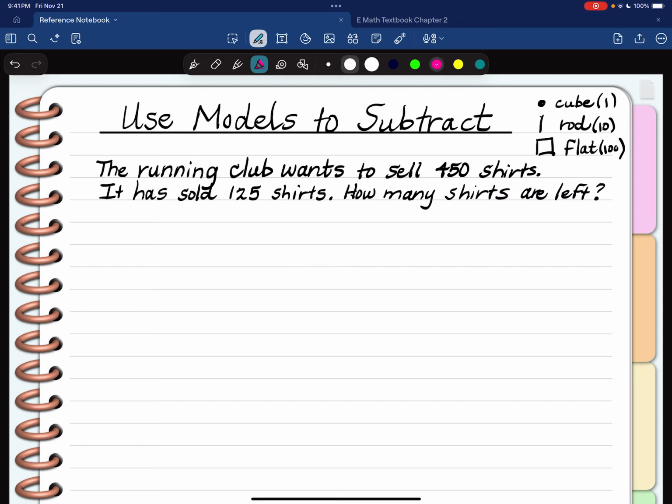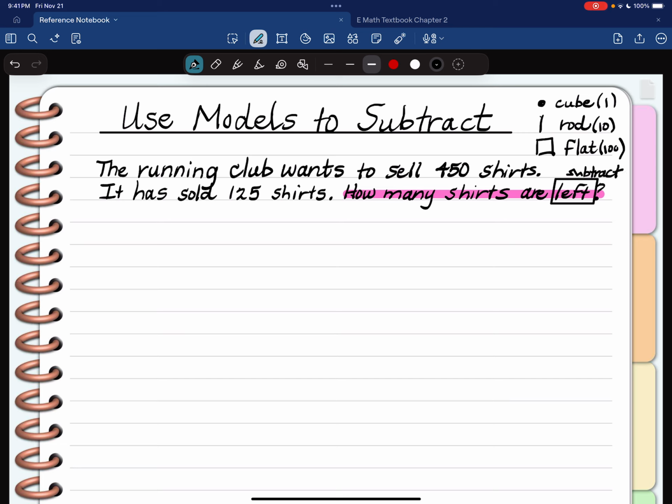And here is the question: how many shirts are left? And the key word here is left. That means subtract. If I see that word in a question, I know that I'm going to have to subtract to solve my problem.